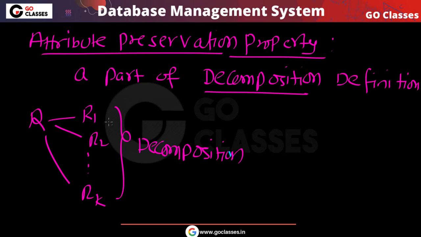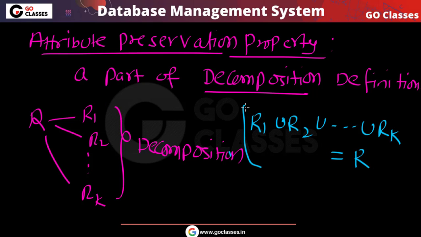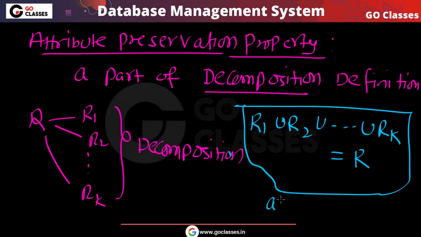If you take the union of attributes of R1, R2, and so on up to Rk, you will get all the attributes of R. This is called the attribute preservation property. Attributes must always be preserved. Remember, we don't have to write it again and again; this will always happen in any decomposition.